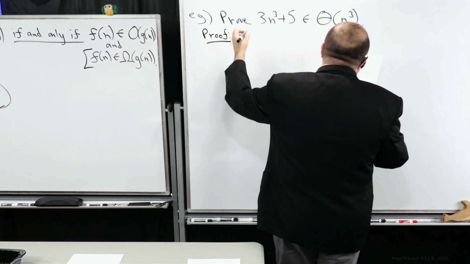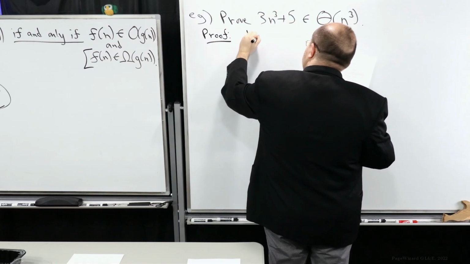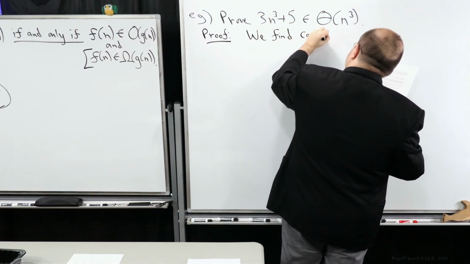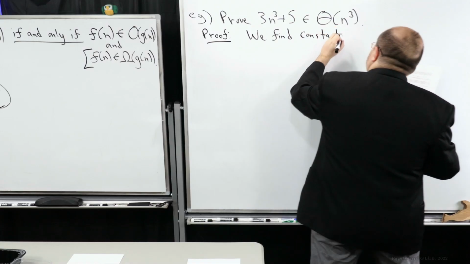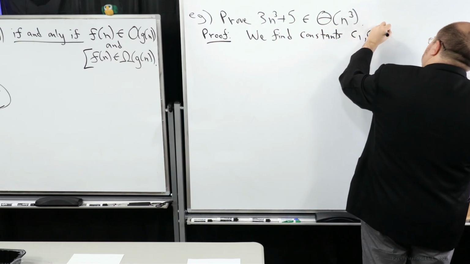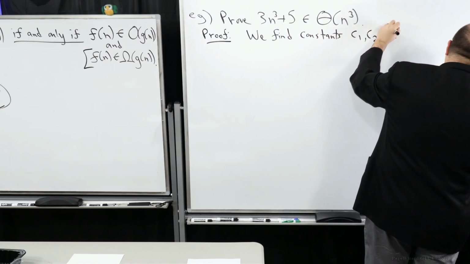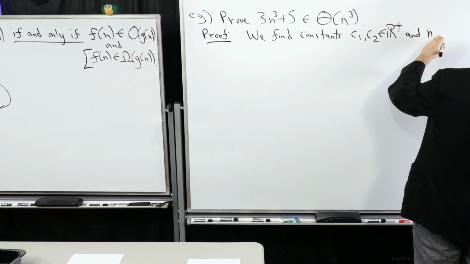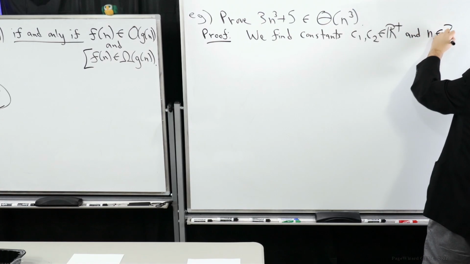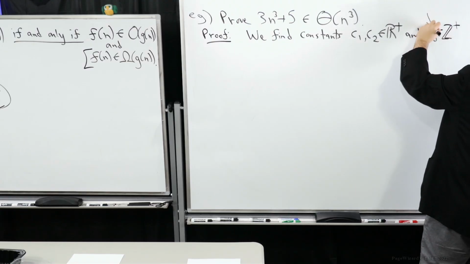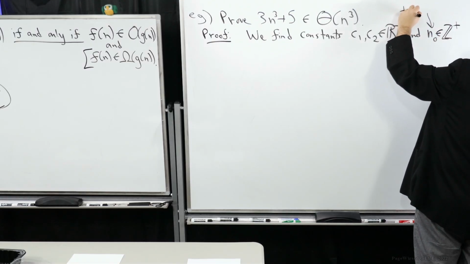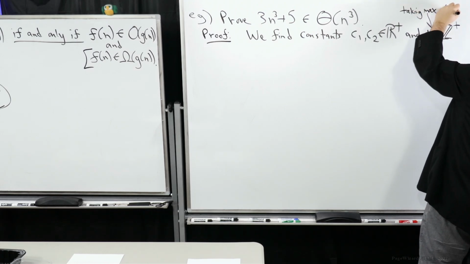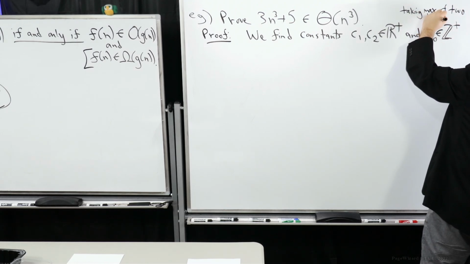So, proof. We find constants C1, C2, which are going to be positive real constants, and we're going to find an N0, which is going to be a positive integer. Just as a remark, I'm taking the max of two integer constants.